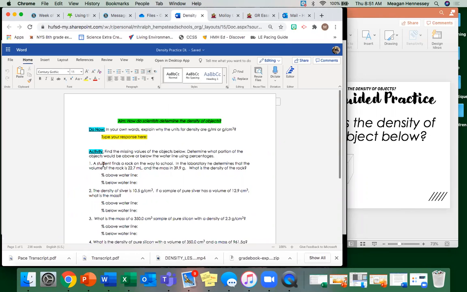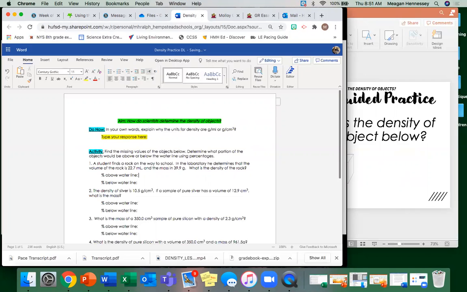You're going to calculate the density of the rock. You're going to take your 39 divided by your 22.7. And then once you turn that into a percent, you're going to tell me what percent is above the water line and what percent is below the water line. Remember, the density that you calculate is always the percent below.